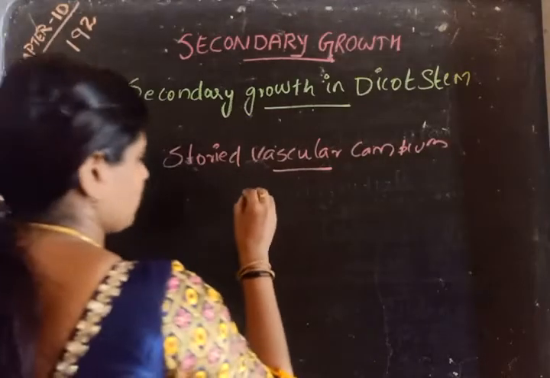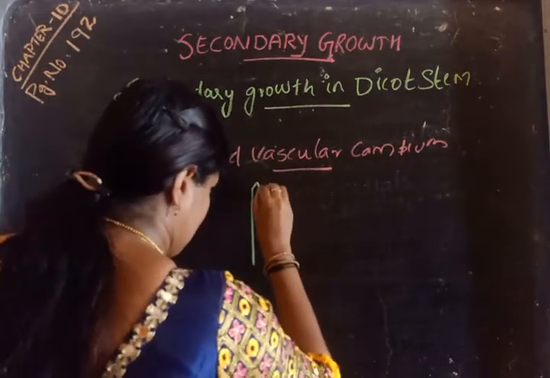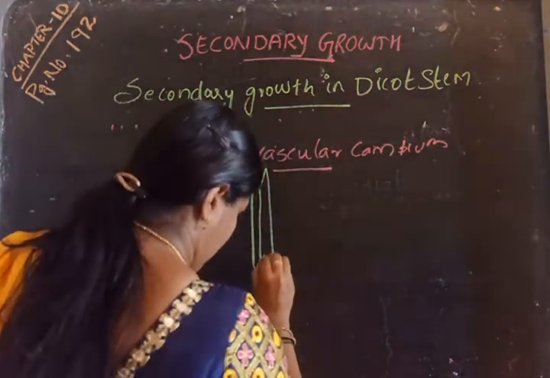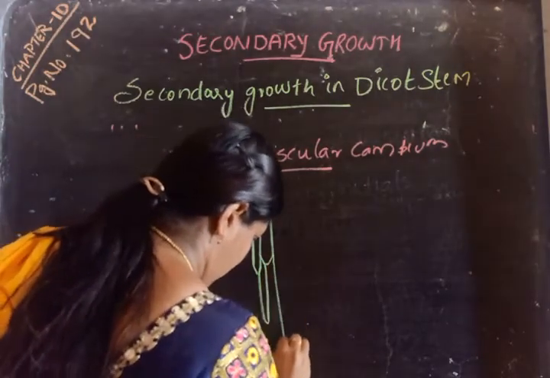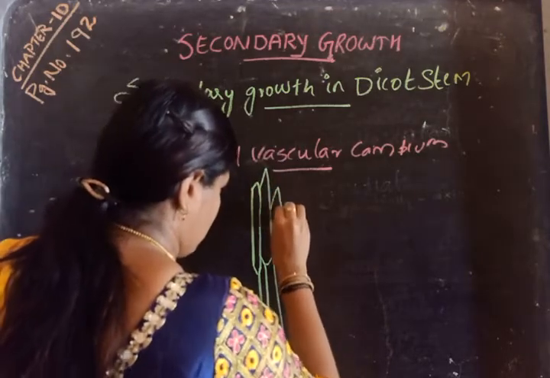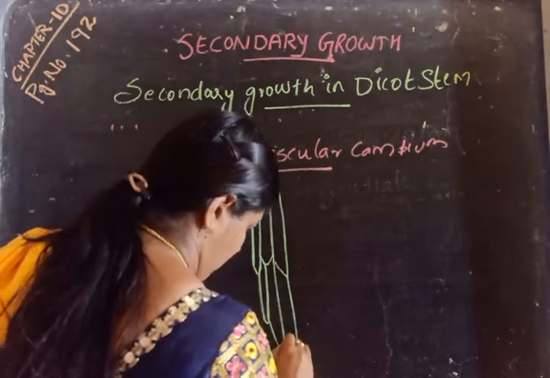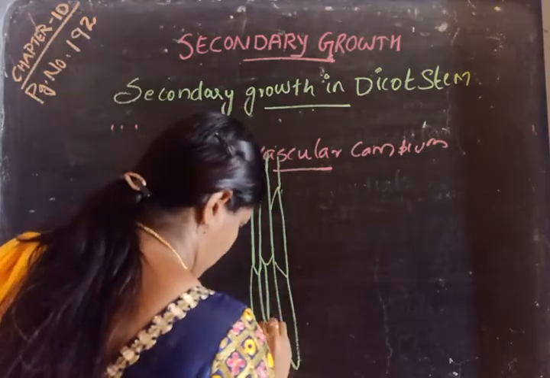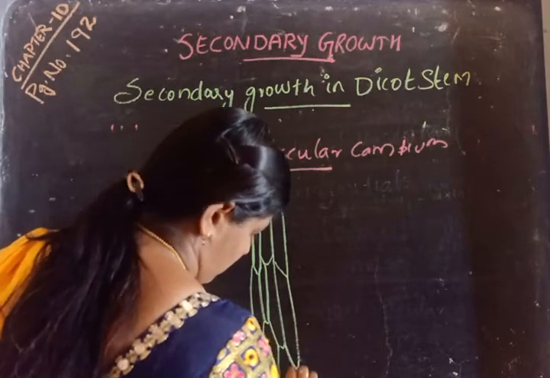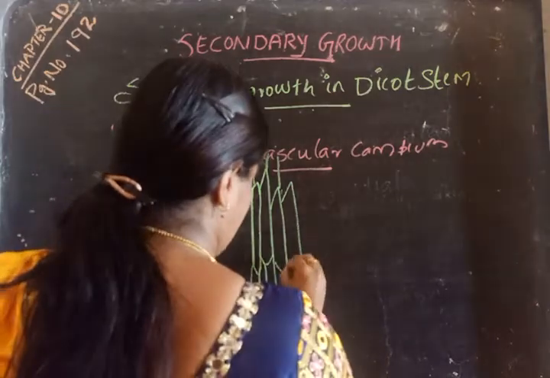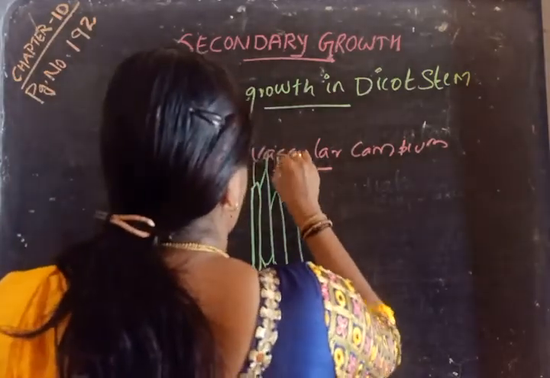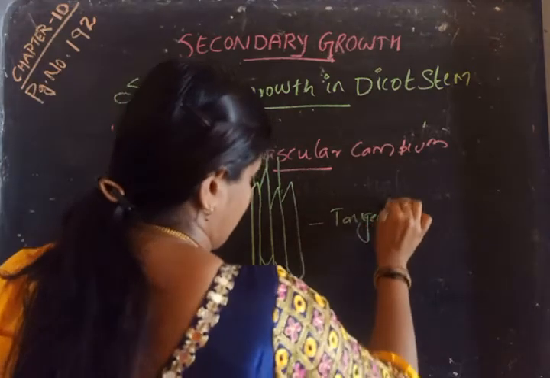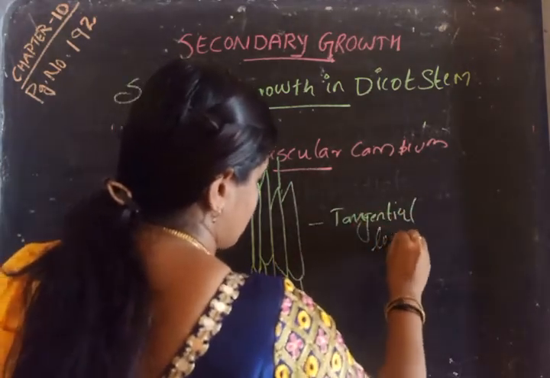So this pattern is called storied vascular cambium, arranged longitudinally in a tangential longitudinal section.